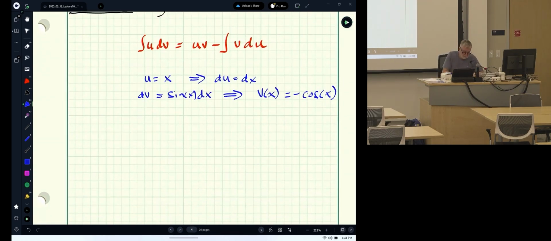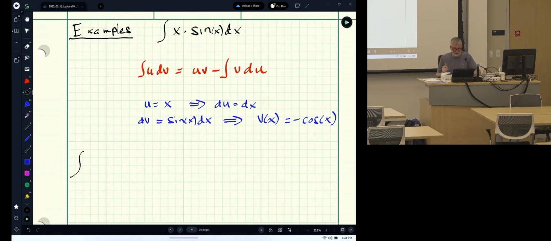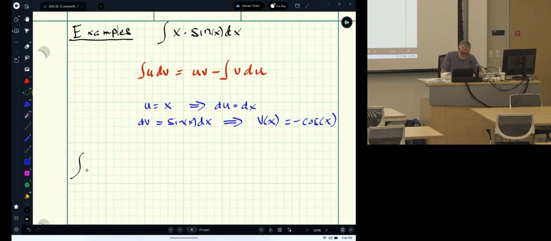So let's just plug those in, and so we get the integral of x sine of x dx. And what we've done is said, this is u, this is dv.